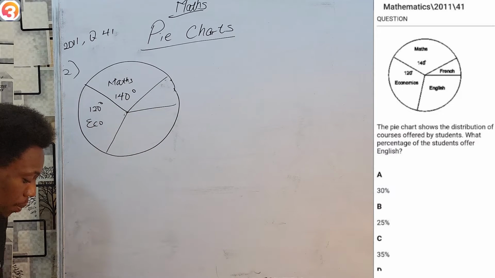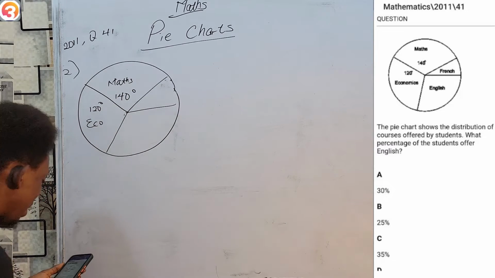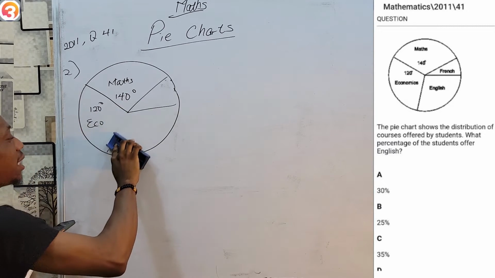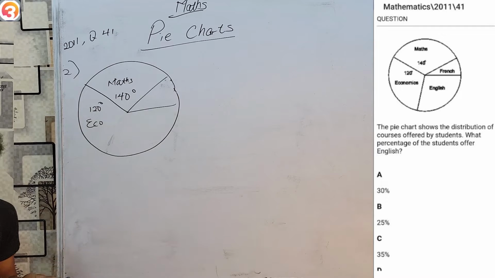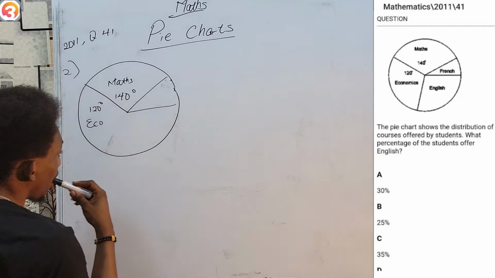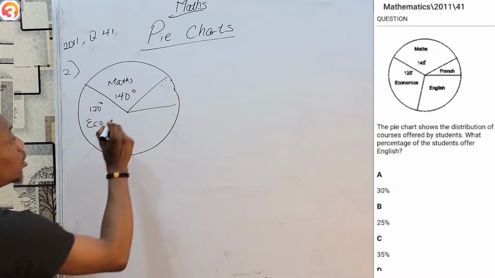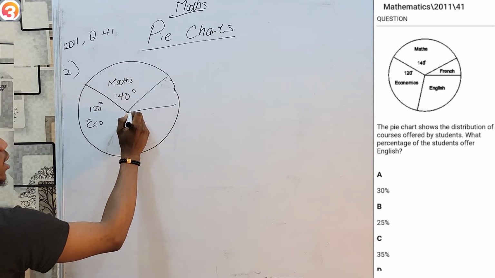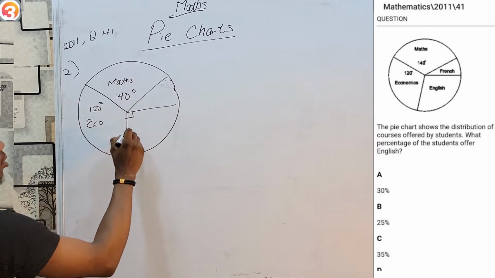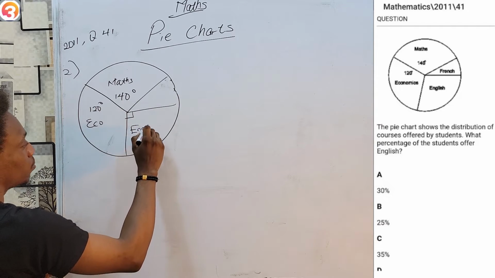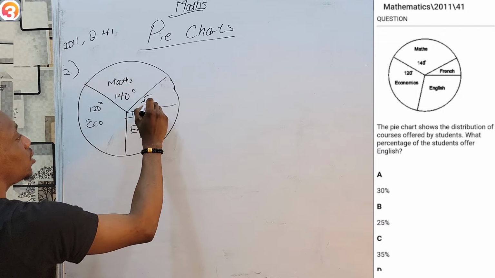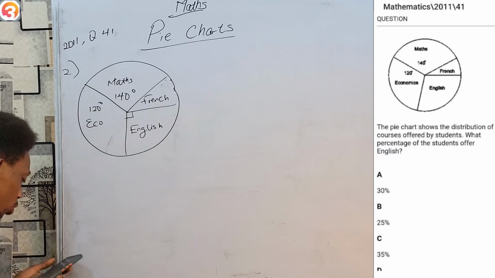Okay, so next up, I should be getting the space for my English and French. Looking at my diagram clearly, I should be able to realize that that place is not bent, so that was a mistake in the drawing. Rather, it is straight like this, which will indicate that this is 90 degrees. This is English. Then last but not least, this is French, and we do not know the angle.